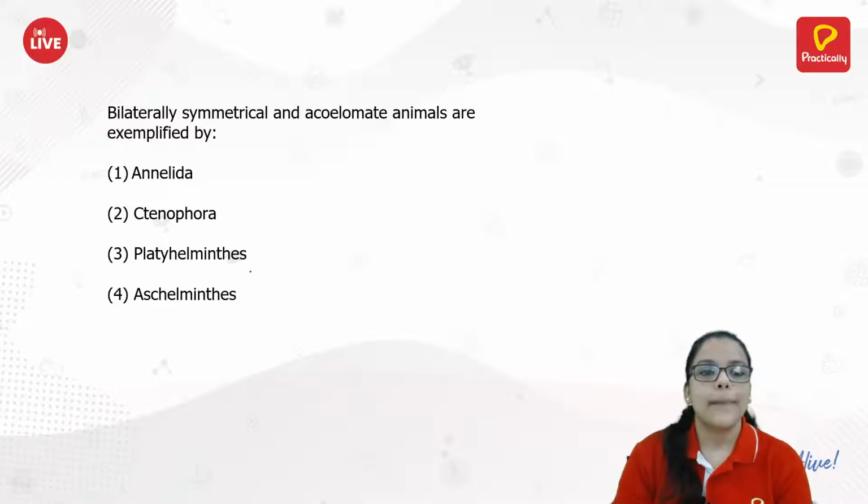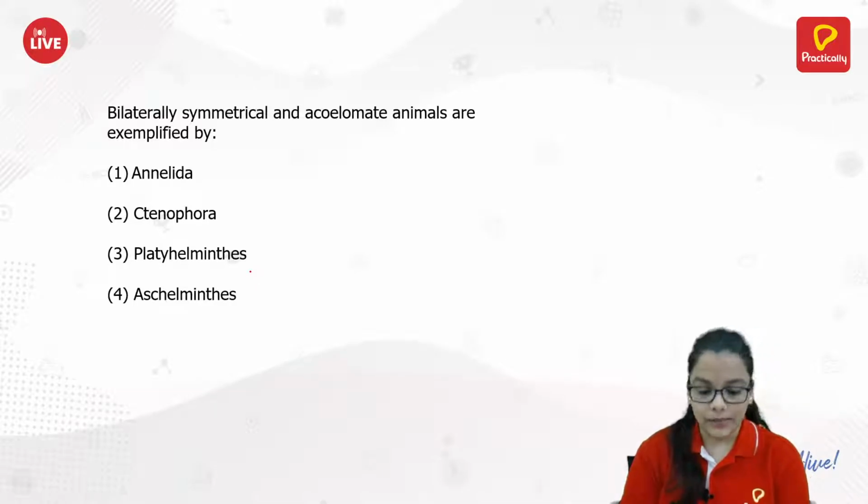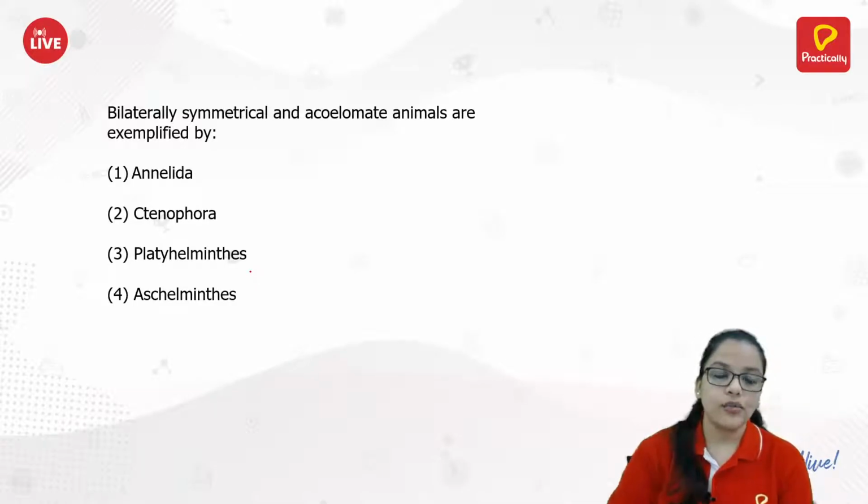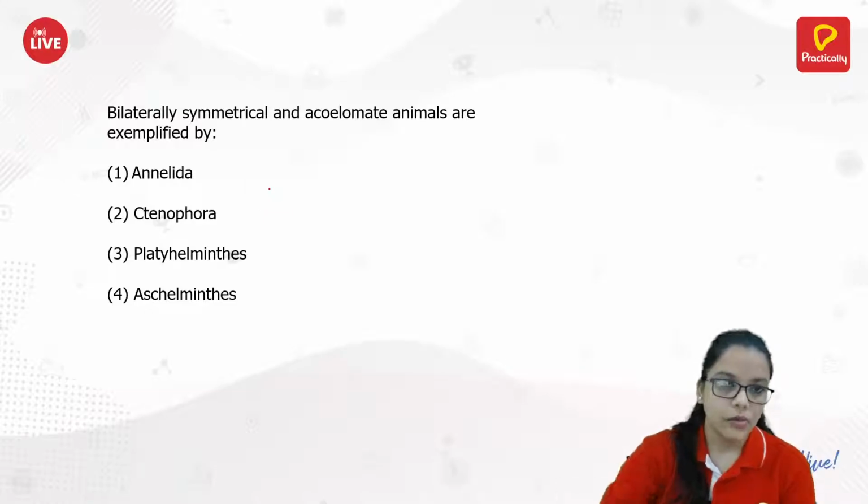Okay, next, bilaterally symmetrical and acoelomate animals are exemplified by Annelida, Ctenophora, Platyhelminthes, and Aschelminthes.